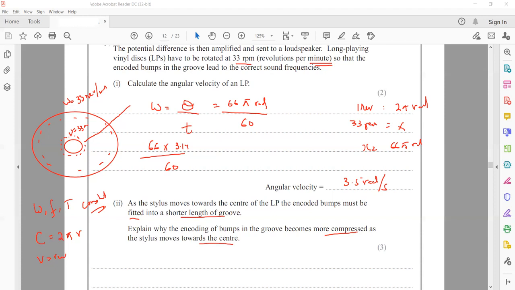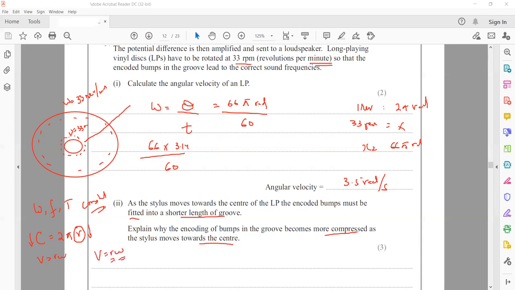So basically what happened, as you can see, when it is moving closer to the center, the circumference decreases. If the circumference decreases, the radius will decrease as well. And if the radius decreases, we have this formula v is equal to r omega.